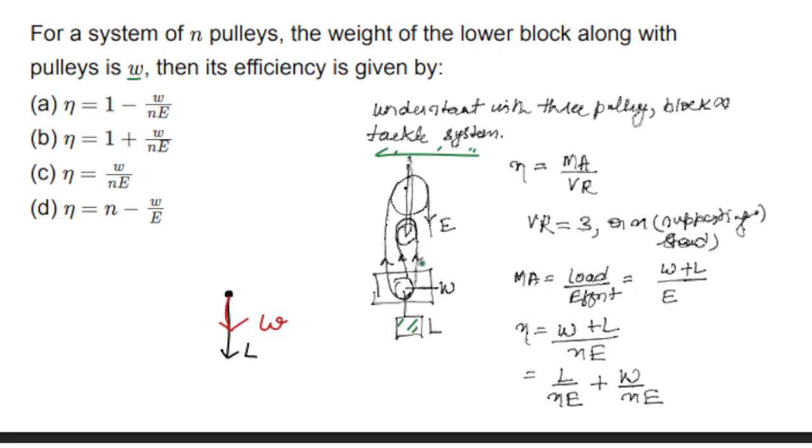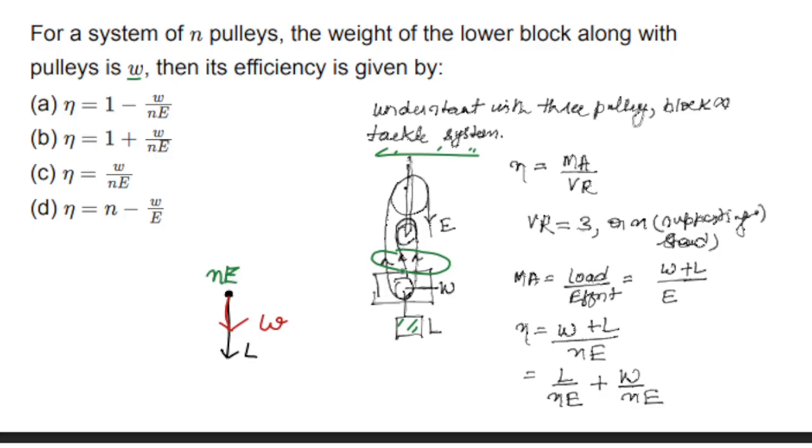Upwards are these three strands which are supporting it. But how much force are they putting upwards? See, this is the effort E. So it will be 1, 2, 3, 3E. If it is four pulleys, it will be 4E, four efforts. So the number of strands, or generally speaking, it will be N into E.